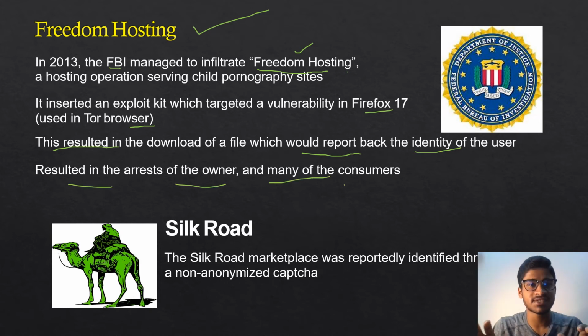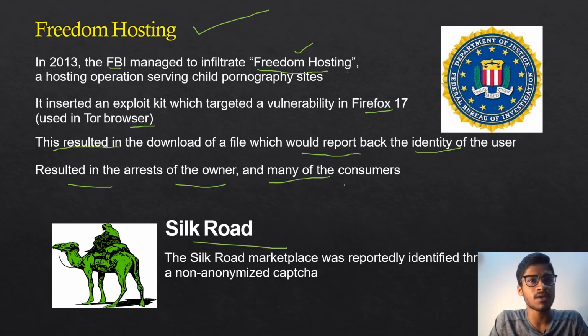The whole website was exploited by the FBI, and anyone who went to that website, the file got automatically downloaded, and that file gave a reverse tunnel to the FBI, and through that they tracked down many consumers of such content. The owner was also arrested.